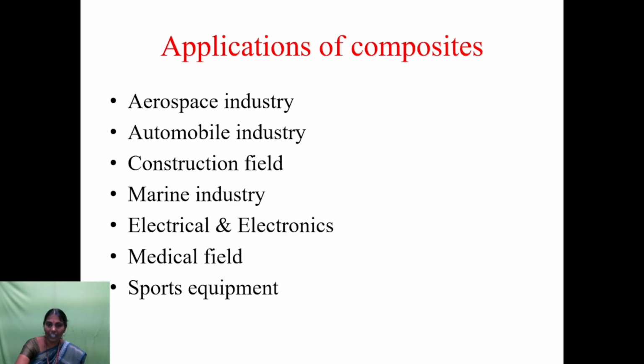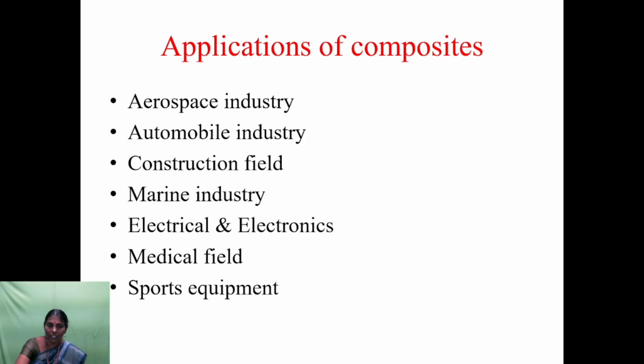And in electrical and electronics, we already know the property: a composite may be an insulation or an electrical conductivity material. Therefore we can use this material in this field. In the medical field, for dental fillings and implants in our human body, we use many composites.